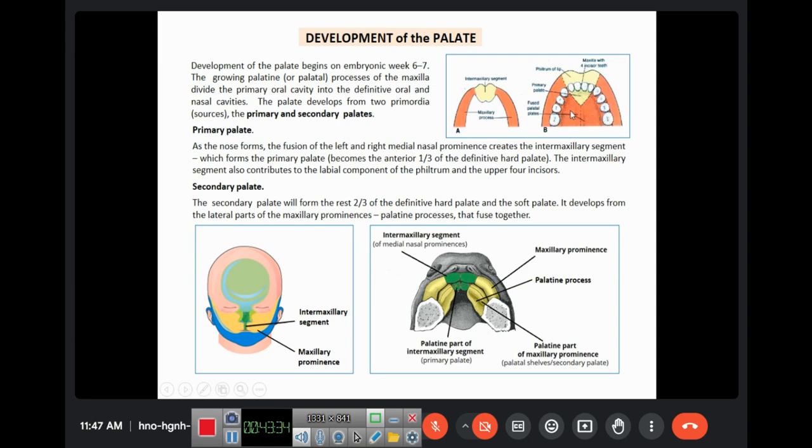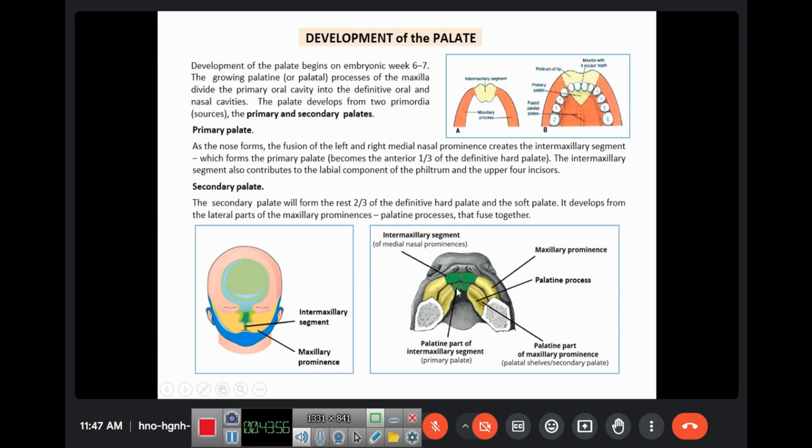These palatine processes will make the secondary palate, and the primary palate with 4 incisor teeth develops from the intermaxillary segment. Intermaxillary segment is the result of fusion of two medial nasal prominences.